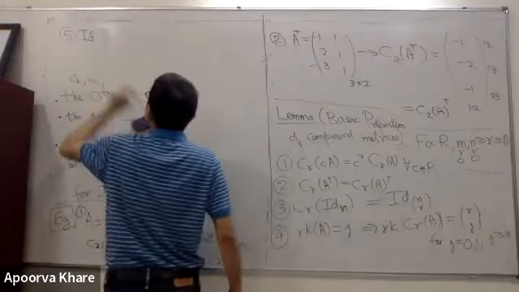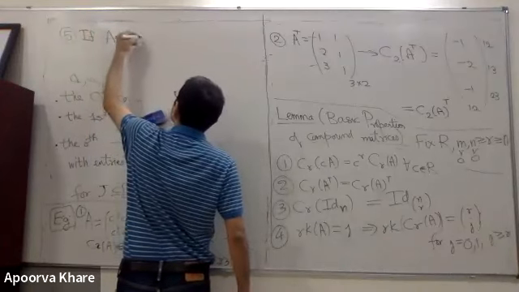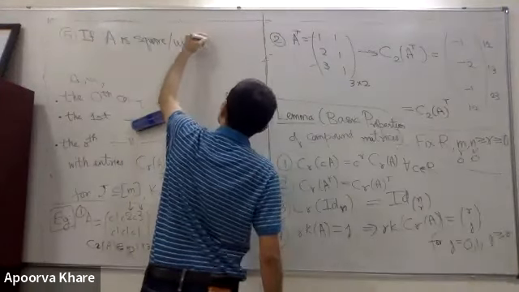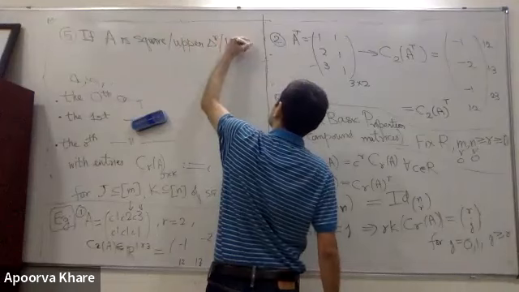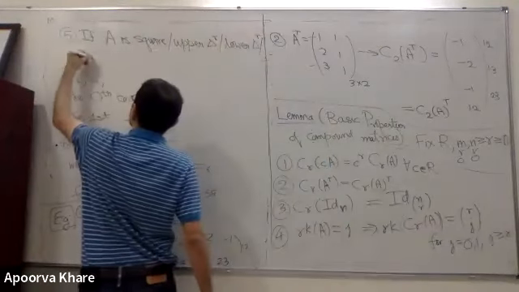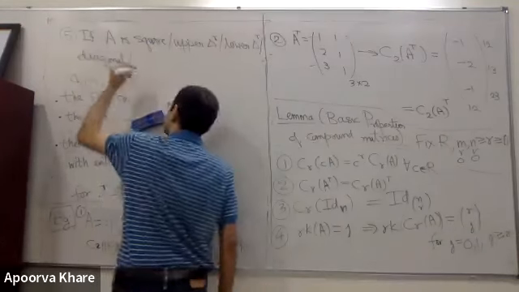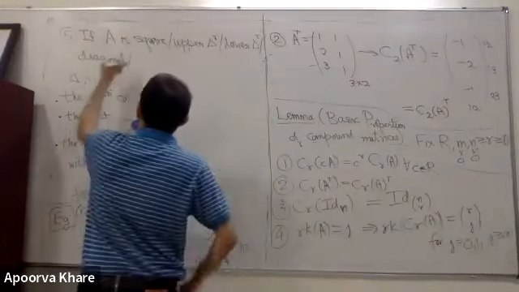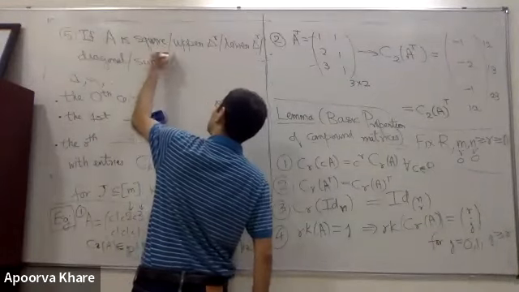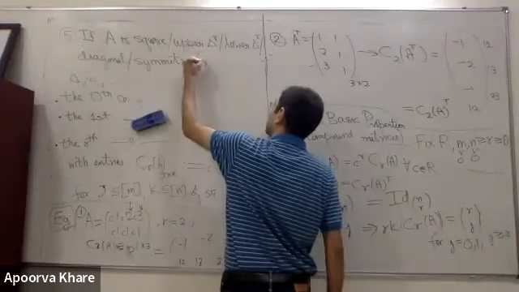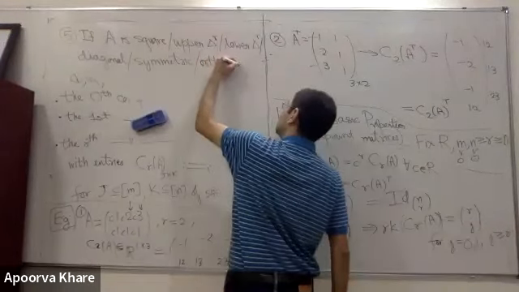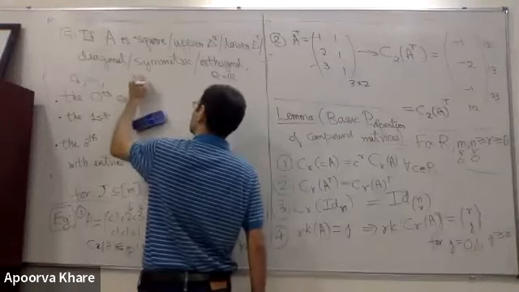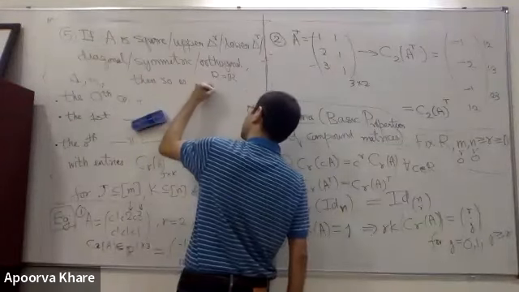So if A is square, or upper triangular, lower triangular, or diagonal, or symmetric, or orthogonal, then so is the compound matrix.